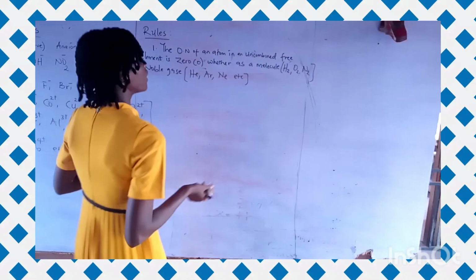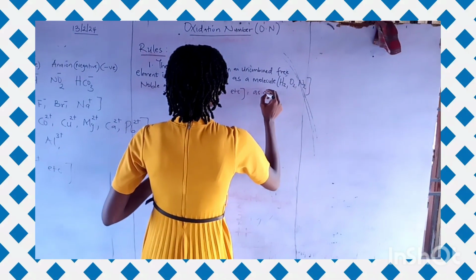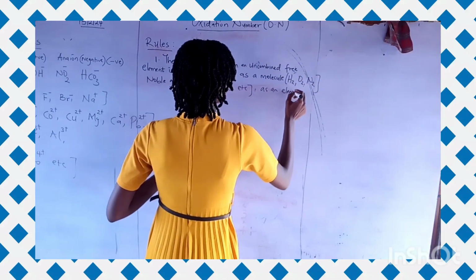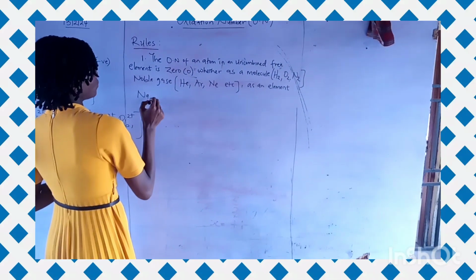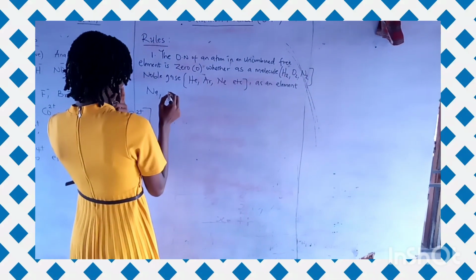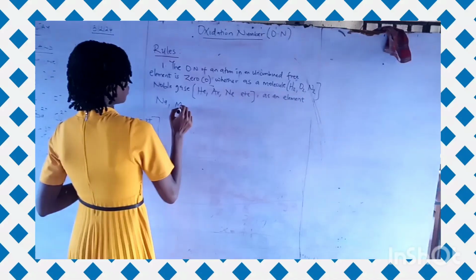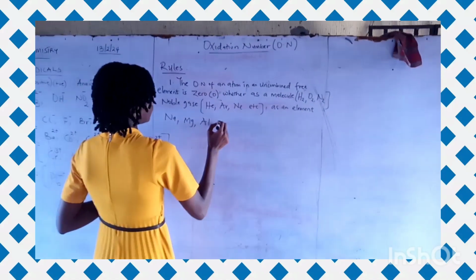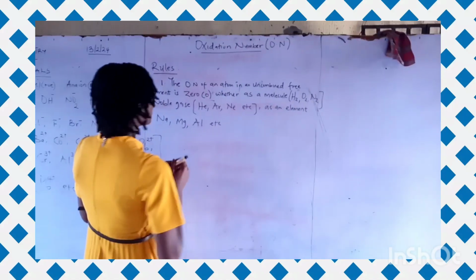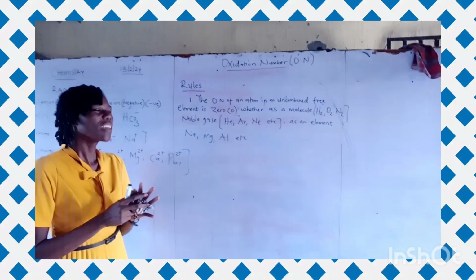Or whether as an element, for instance, we have sodium, magnesium, aluminium, etc. So what it means is this: the oxidation number of an atom in an uncombined element is 0.